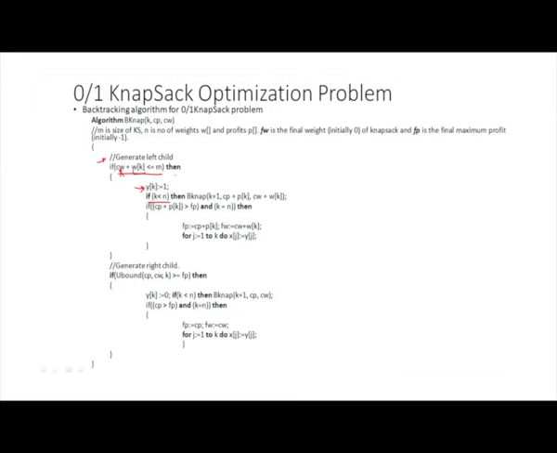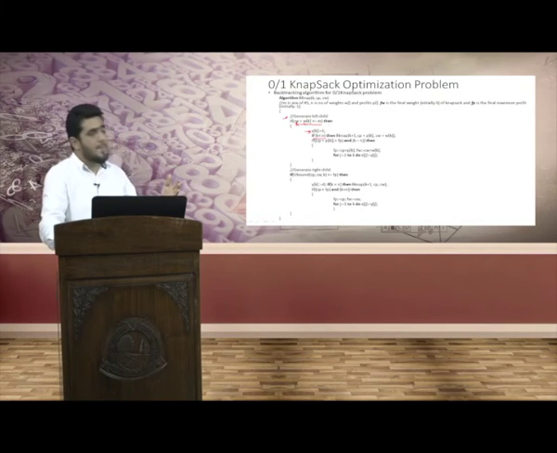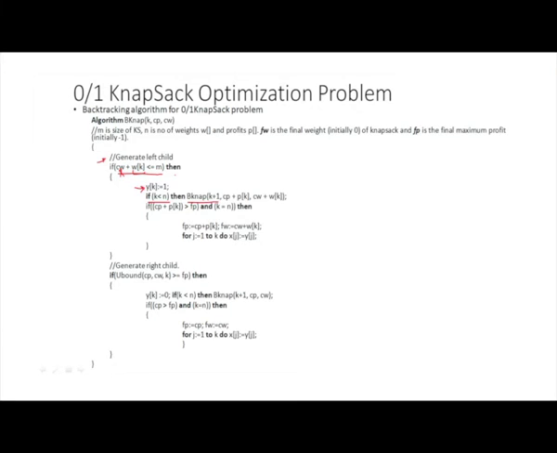Now, if k is less than n, it means we have not exhausted all the items here. Then we will have to, using recursion, make another call to BKNAP for the next item. So, BKNAP of k plus 1, which is the next item. However, at this point the current profit would be incremented by the profit of the item that was just added. So, we will have to make another call to the same function for the next item, that is the k plus 1th item.